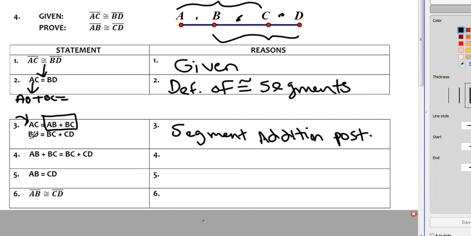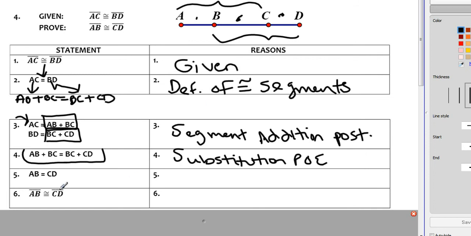And we said that equaled BD. Well, down here we define what BD was. So we're going to replace BD with what we made it equal, which is BC plus CD. And that's how we end up with number 4. That's the substitution property. We've substituted their new values.